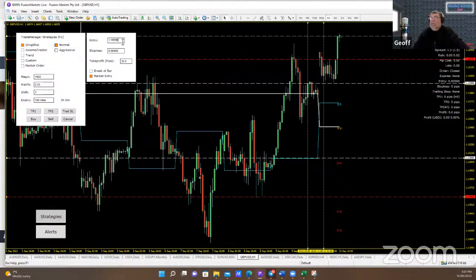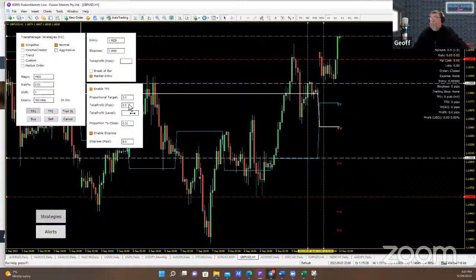Righto, the entry level was 116.29, and the stop loss was the high of the range, 116.58. TP1 is not 6 pips.